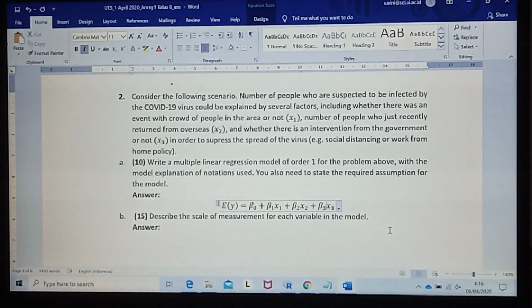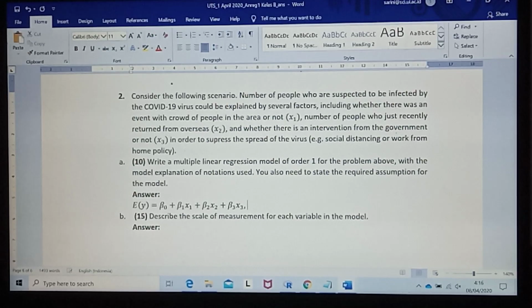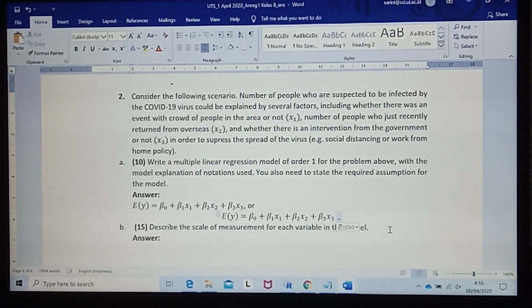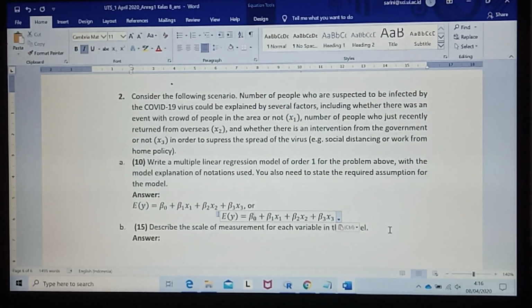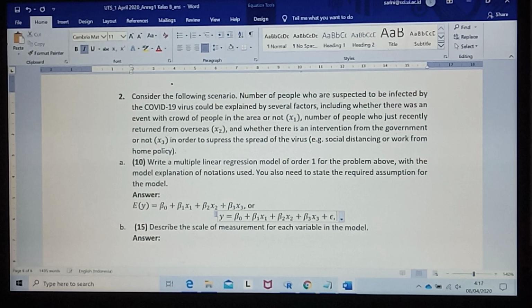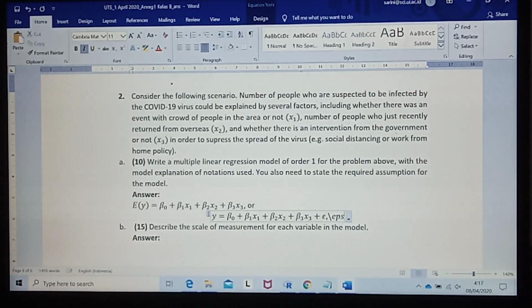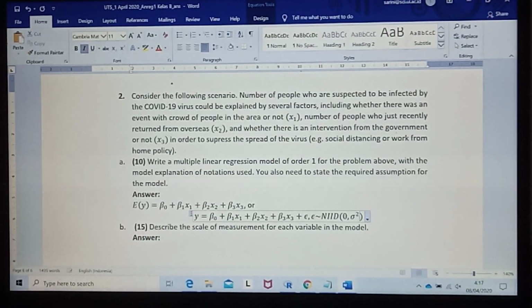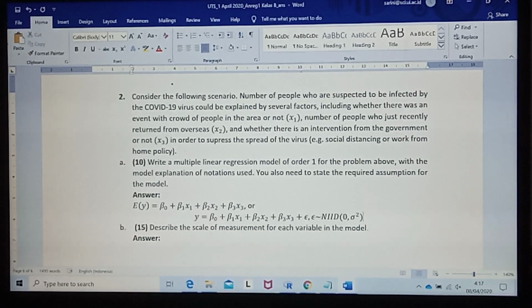Or if you want to put it with the error, we have y equals the same expression plus epsilon, where epsilon is assumed to be independent, identically normally distributed with a mean of 0 and a variance of sigma squared.